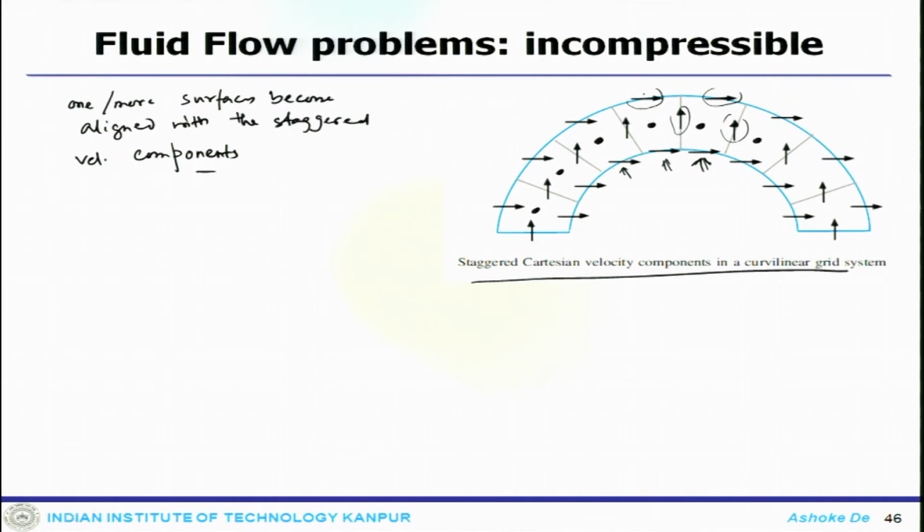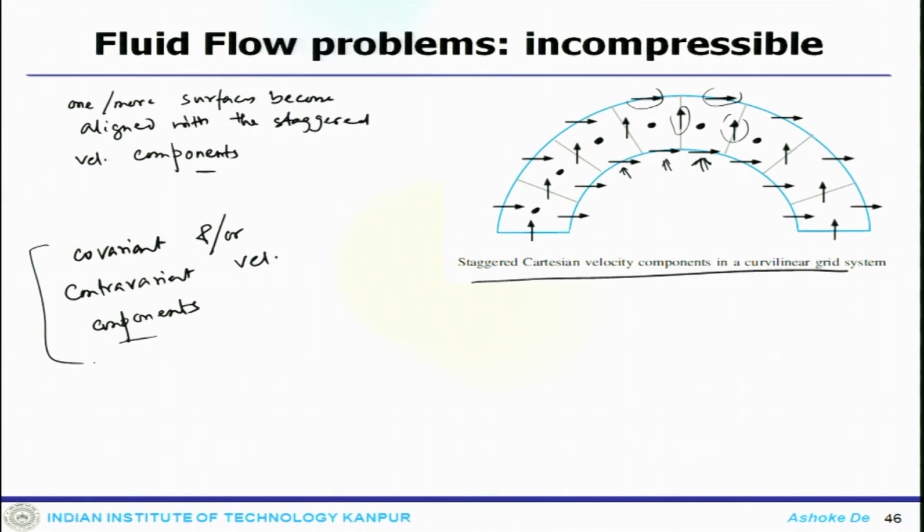Now, one can think about a better alternative to use some sort of covariant and or contravariant velocity components. If you use covariant and contravariant velocity components, then you can avoid this kind of alignment with the surface.